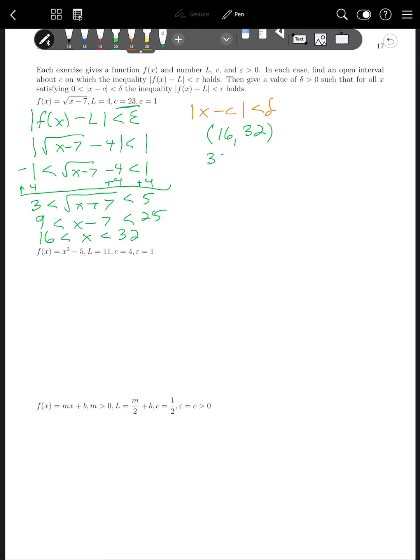So you just want to take 32 minus 23 and 23 minus 16. So 32 minus 23 is 9. And 23 minus 16 is 7. So delta equals the smaller one, which is 7. Okay, and so that's all we're trying to do here.